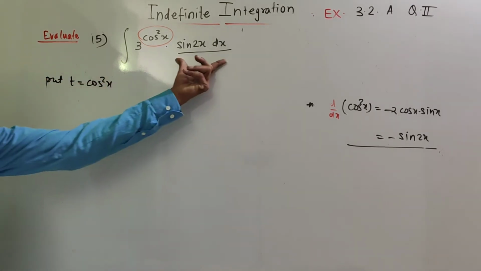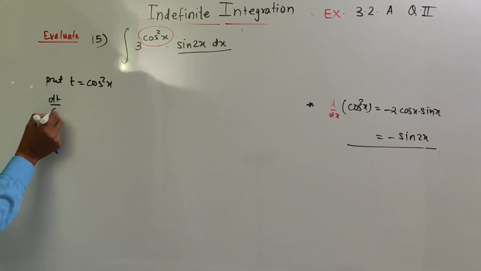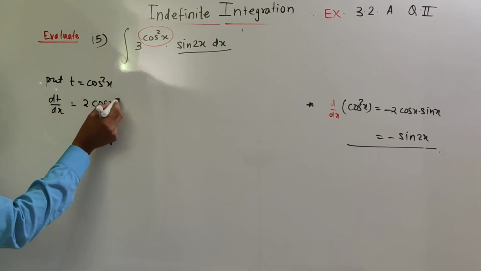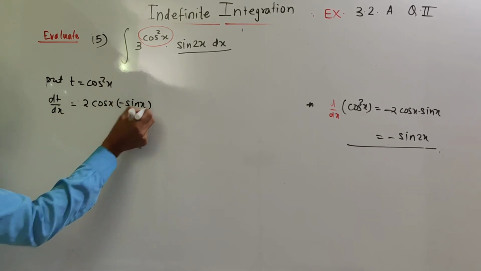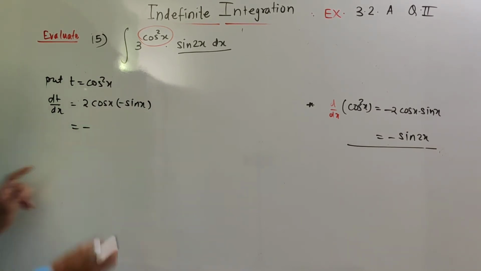As this is the derivative of cos square x, dt by dx is equal to 2 cos x into the derivative, minus sin x, which is minus 2 sin x cos x, that is sin 2x.